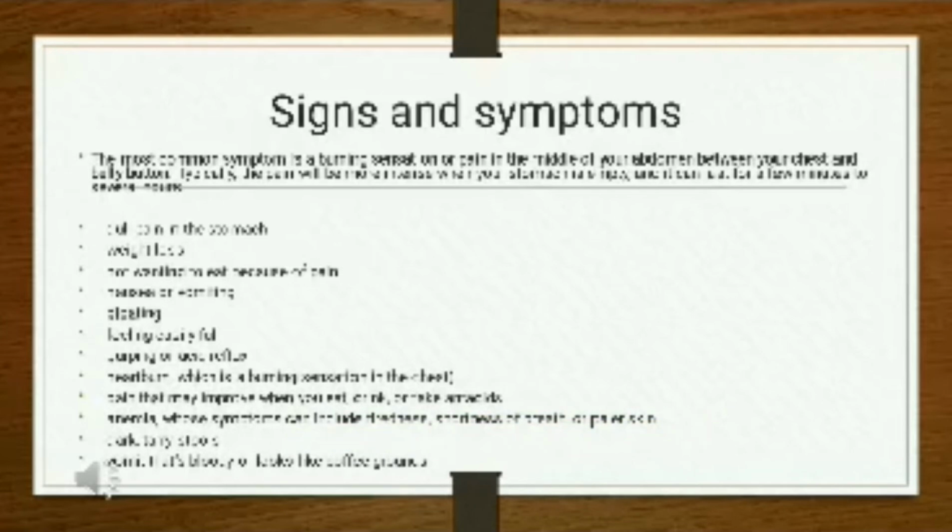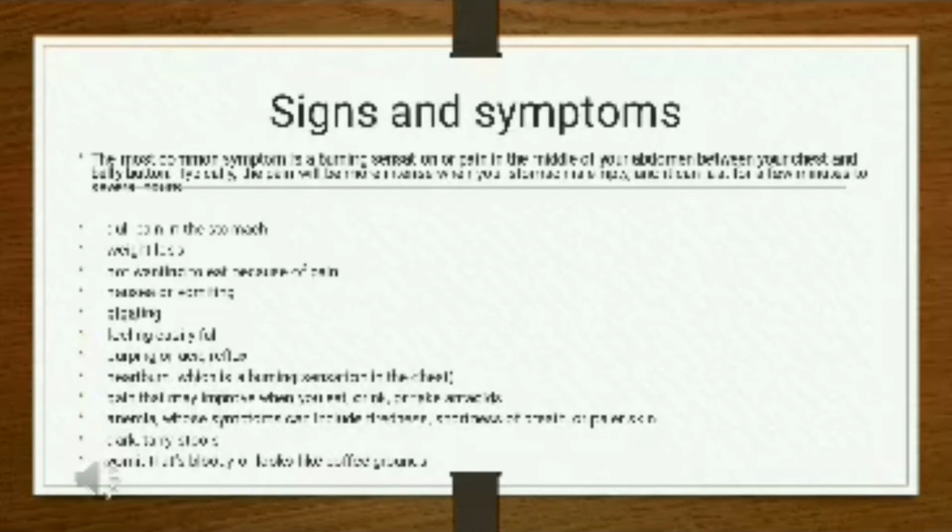Gastric ulcers occur when a thick layer of mucus that protects your stomach from digestive juices is reduced. This allows the digestive acids to eat away at the tissues that line the stomach, causing an ulcer. So, what causes stomach ulcers?